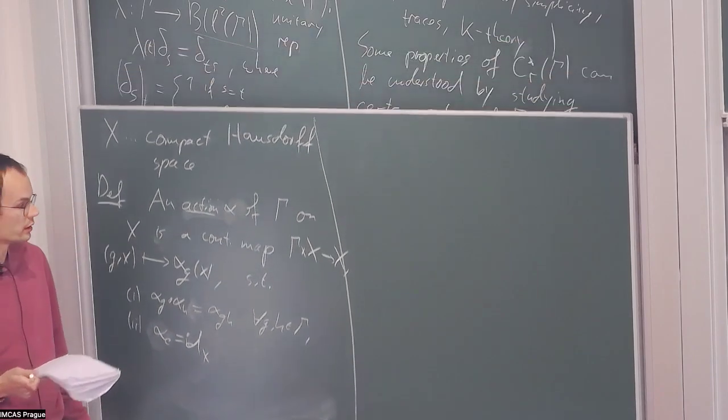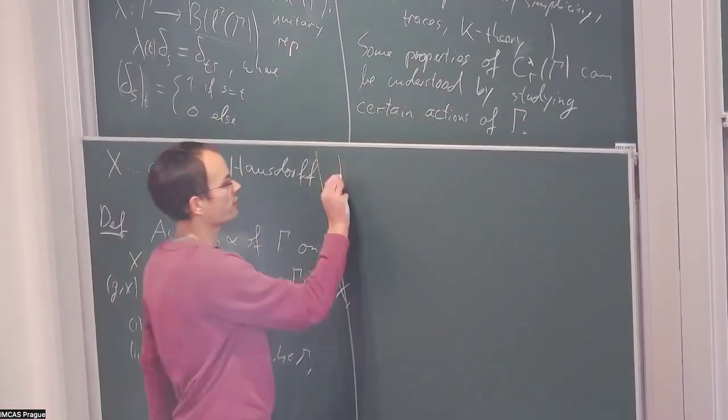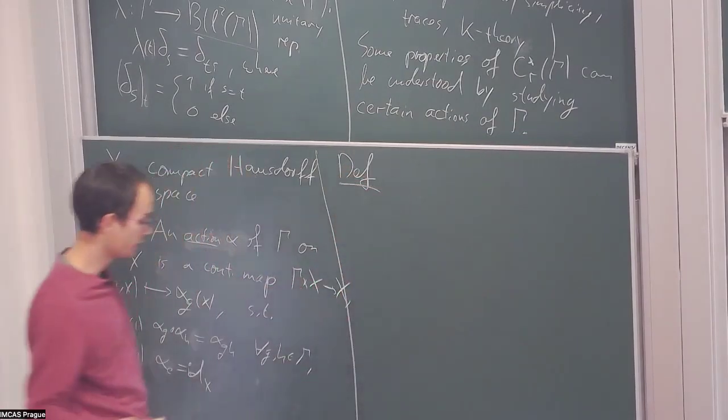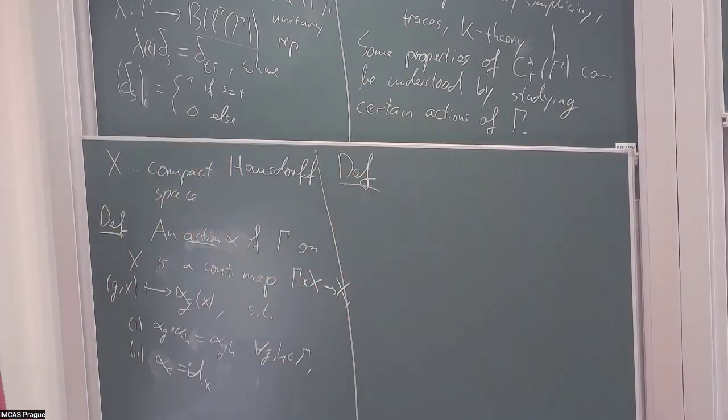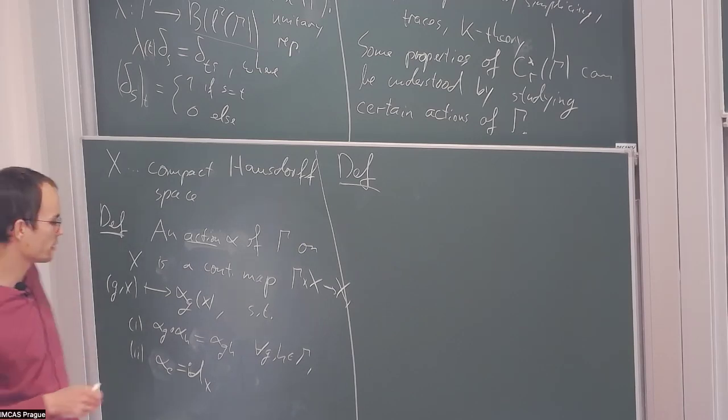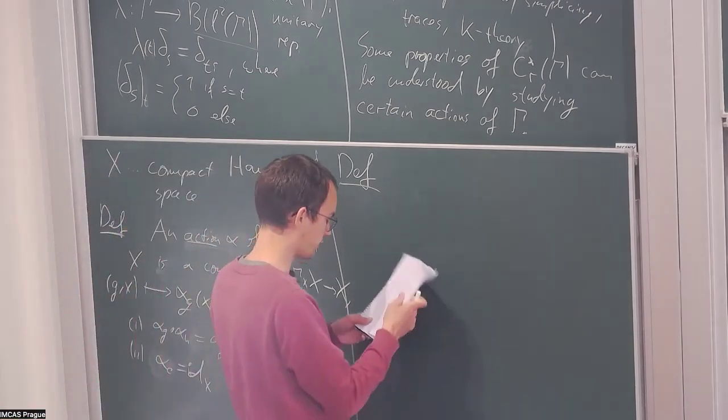And one way to think about actions is as something dynamical, right? So you take points in the space and you move them around along group elements, or you move them around in the space using group elements. And in that spirit is the next definition.